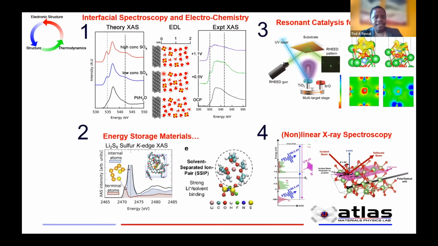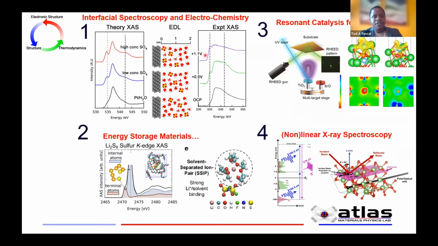Using XAS, in this case a surface sensitive XAS developed at Berkeley by Miguel Salmeron, we were able to show that at those potentials, you don't form platinum oxide. Rather, you just have these sulfate anions that fuzzy-sorb at the surface.